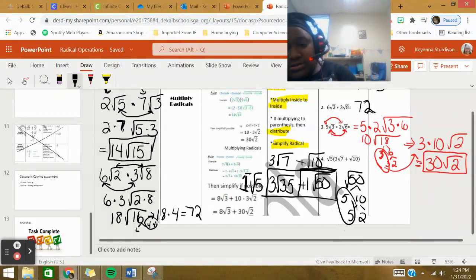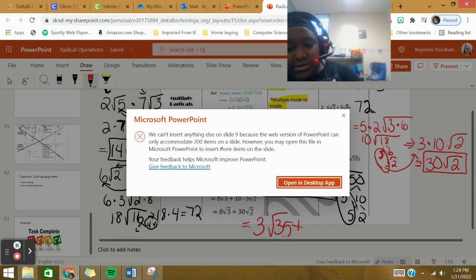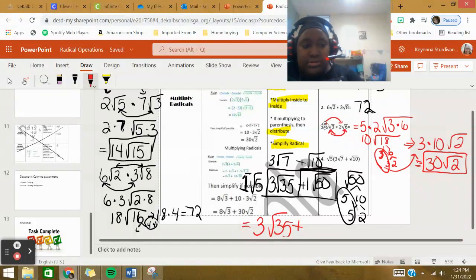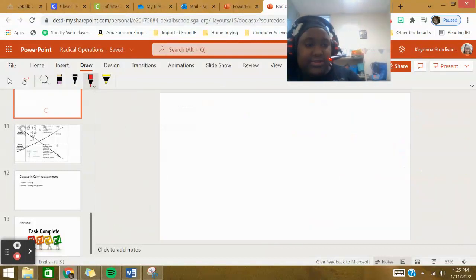Okay, so this is a group. Comes out. I'm going to go ahead and switch colors. So my final answer here is going to be 3 square roots of 35 plus this 5 is getting pulled out. Oh, they're telling me I can't even put numbers on this slide.